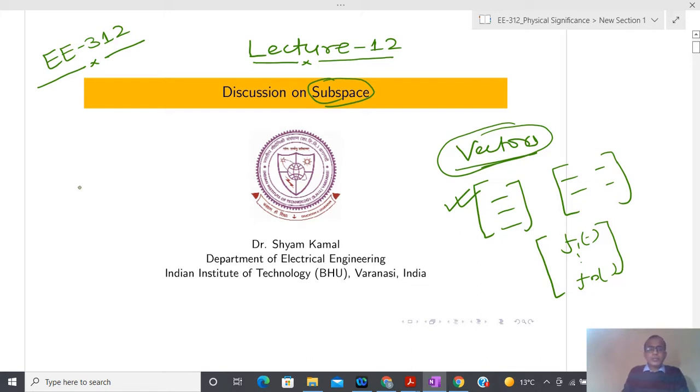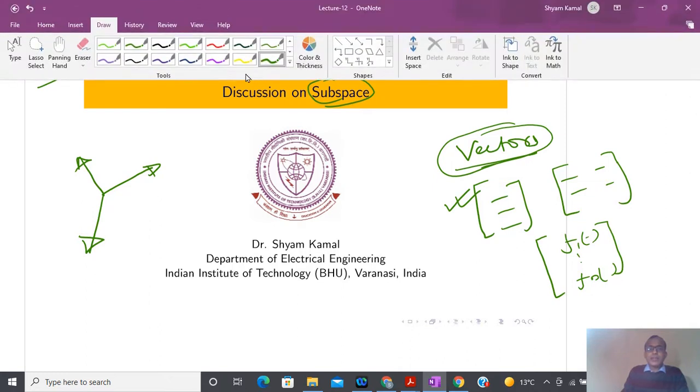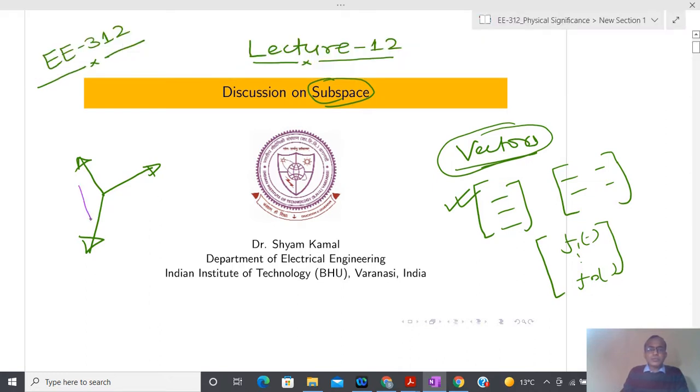What I mean to say is, suppose you take three-dimensional space, and consider a plane which is passing through the origin. A plane in three-dimensional space is represented by two dimensions.